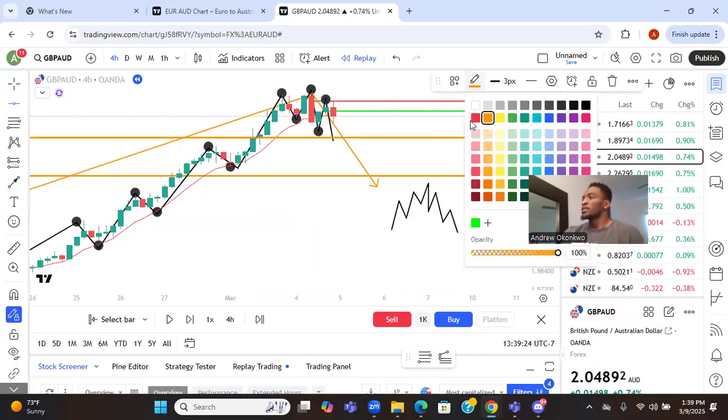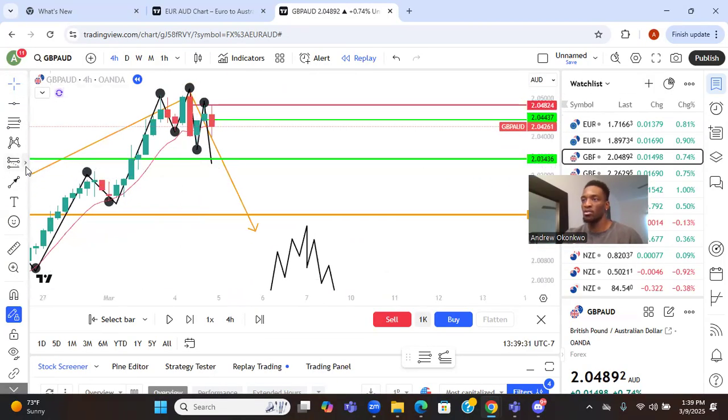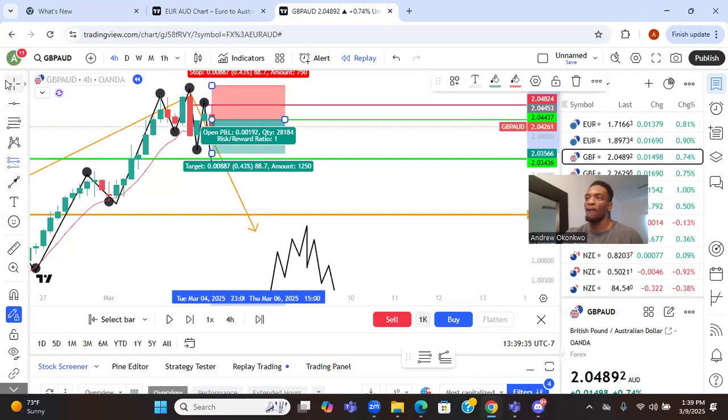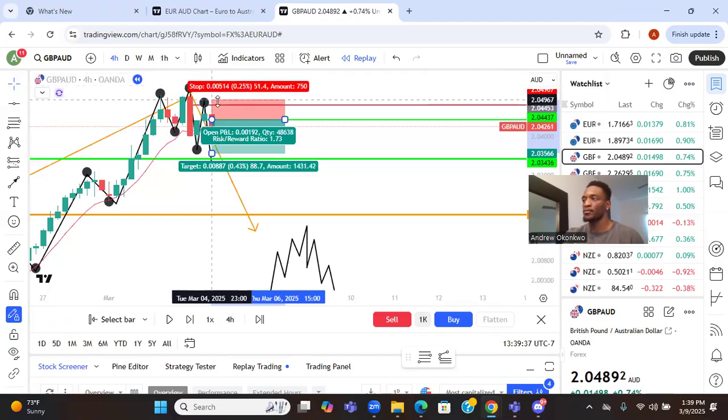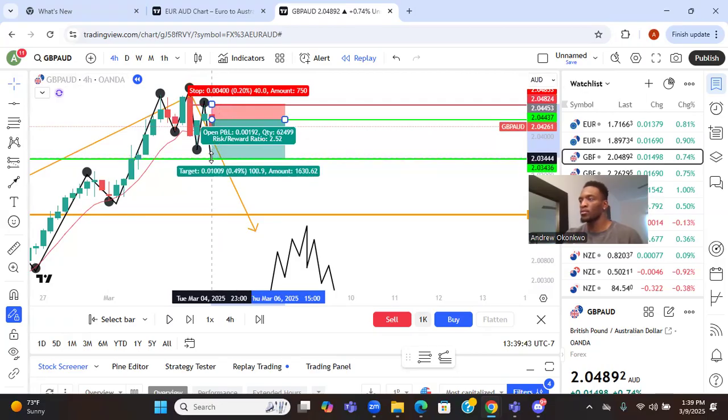Basically. Okay, so as you can see, we're risking this to make all this. 1-to-2 ratio, short position. That's more than 1-to-2.